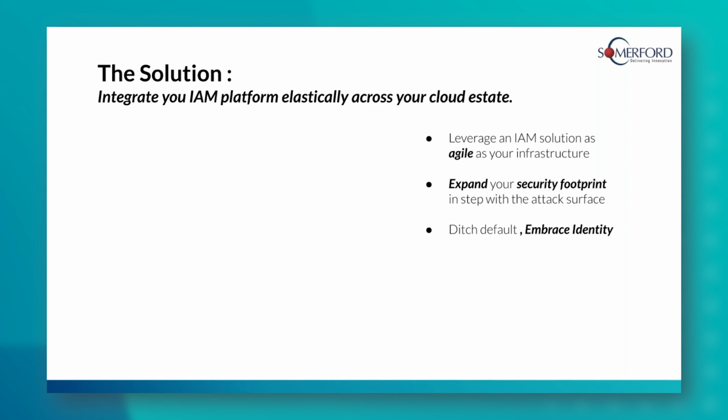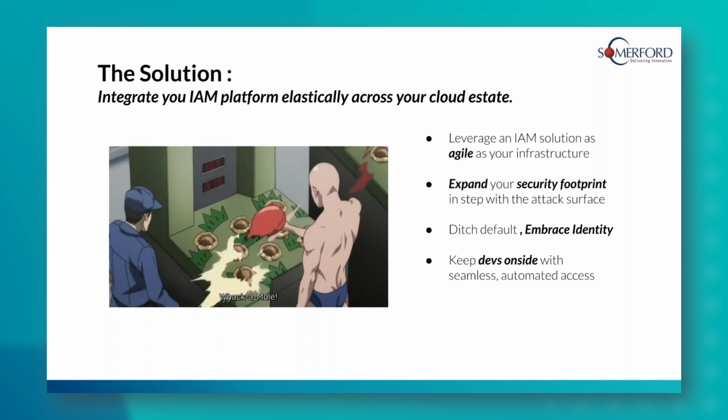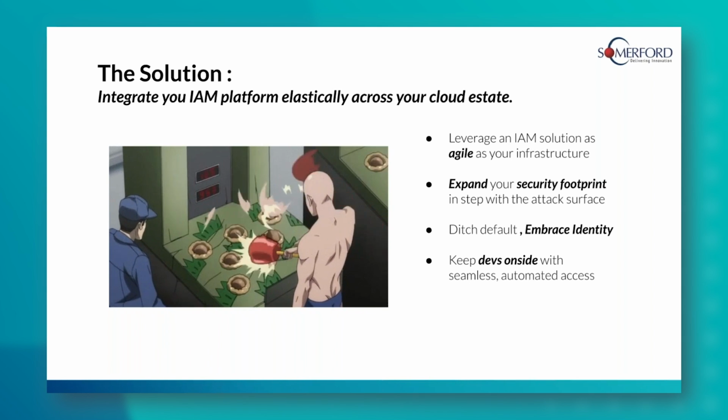It's very well embraced from an IaaS perspective already, certainly from the management plane, from people accessing the console, and definitely from a SaaS perspective, but it's not quite well embraced at the moment for the actual resource access, so SSH or RDPing onto these instances. And this ultimately helps us keep devs on side because they have seamless automated access. So we completely streamline the process, and it might still very well be a game of whack-a-mole, but we have the capability to keep up with it with less resource.